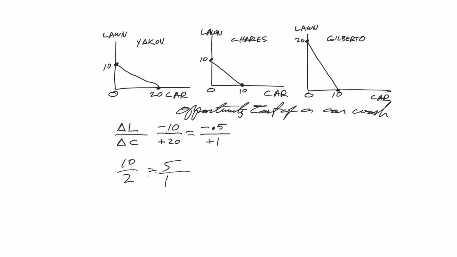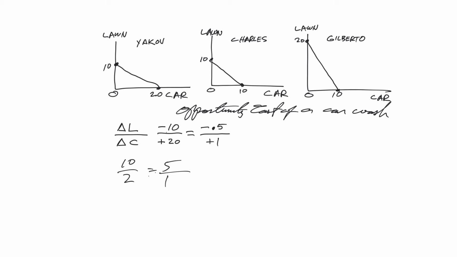So, when car washes increase by 1 for Yakov, lawns go down by 0.5. So the opportunity cost for Yakov to add a car wash to the mix, he's going to have to give up 0.5 lawns. So his opportunity cost of a car wash is 0.5 lawns.